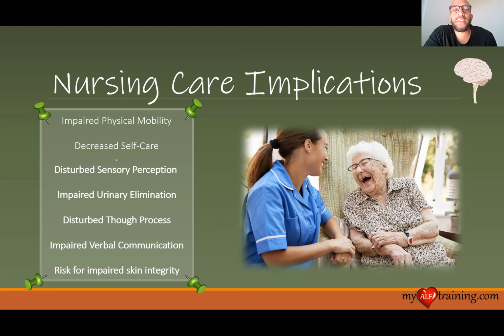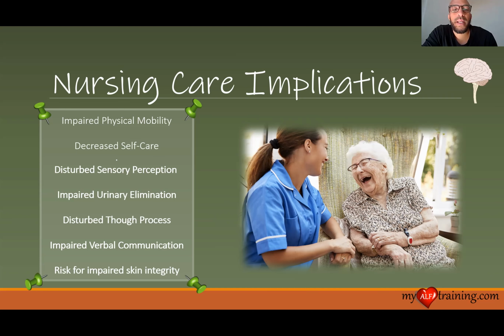And you'll see that's the last of these points here, risk for impaired skin integrity. And that is because of that lack of mobility, the lack of self-care, and the disturbed sensory perception that puts them at increased risk for skin integrity issues. Moving forward, impaired urinary elimination. Sometimes these patients, as I just said, they have hemiparesis, so they're paralyzed on one side, or maybe just the muscle tone has significantly decreased.